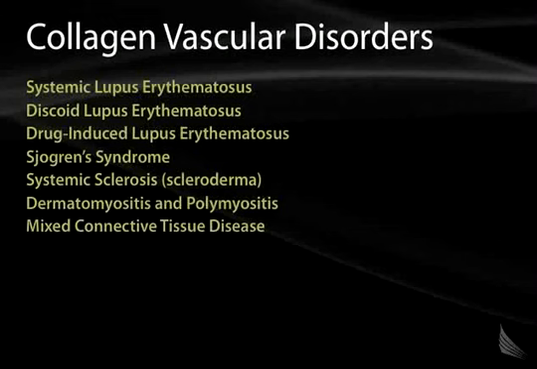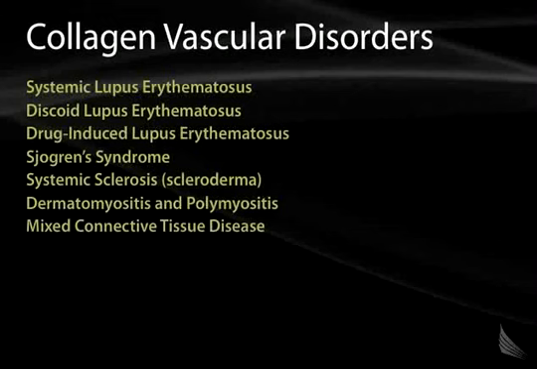You'll get the very classic presentations, and I wouldn't try to belabor the minutia of some of the various different types of variants of these mixed connective tissue diseases and other types of collagen vascular diseases. Instead, try to focus on the high points of the various types of common and testable collagen vascular diseases.